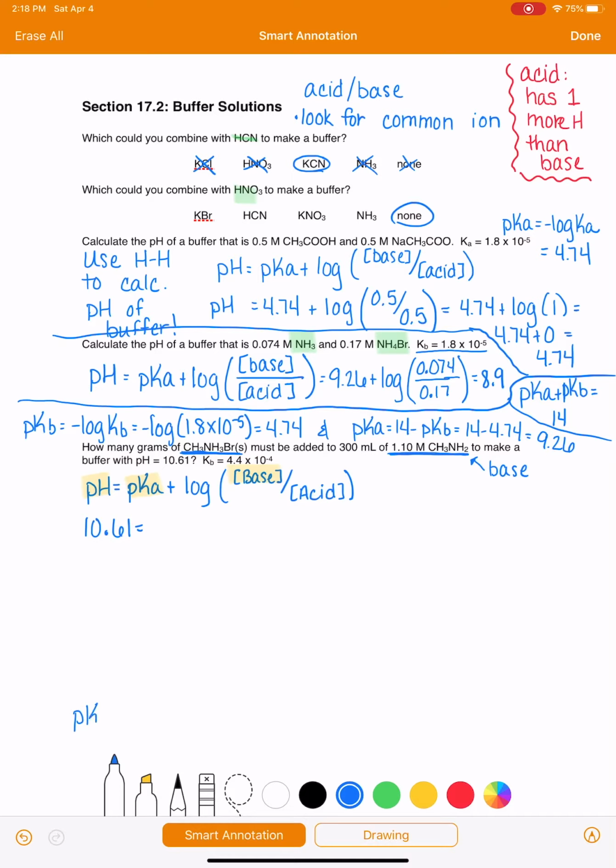So remember, pKa plus pKb equals 14, just like pH and pOH are 14.